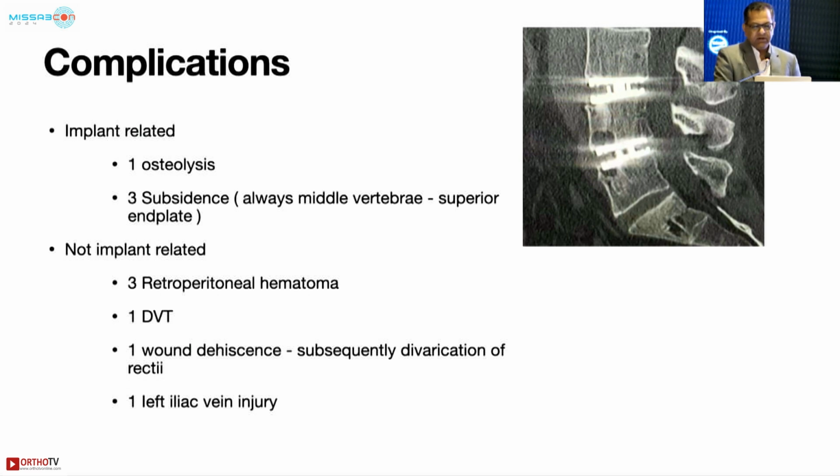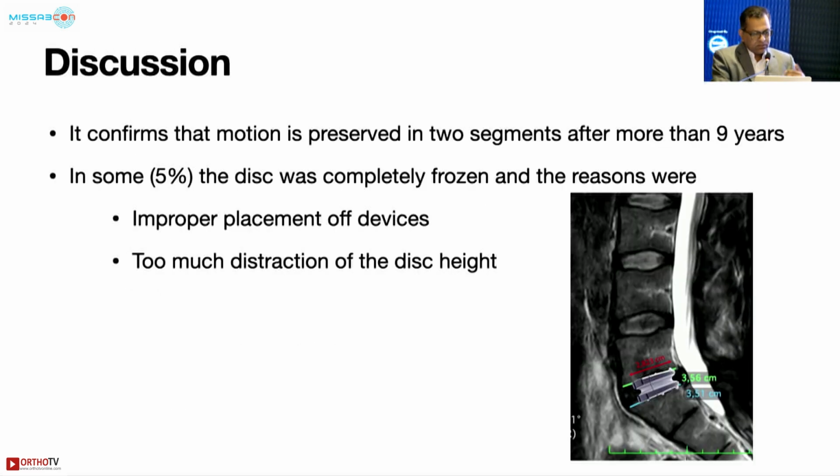We counseled her for the repair of the anterior abdominal wall, but she was okay. And there was 1 left iliac vein injury which was managed intraoperatively, and we were able to repair the iliac vein. So multi-level ADR confirms that movements are preserved in 2 segments even after more than 9 years.